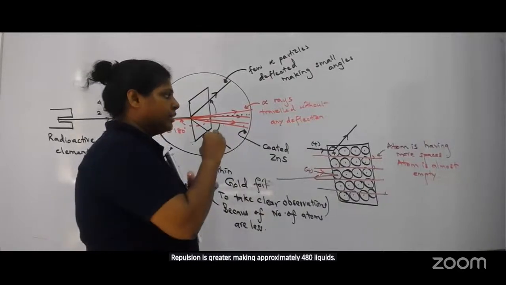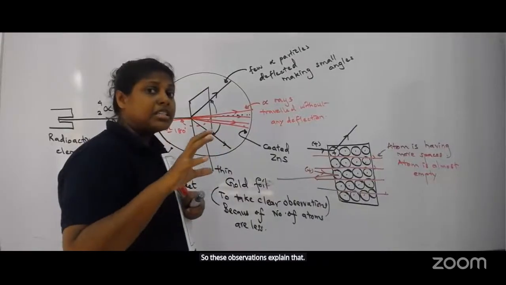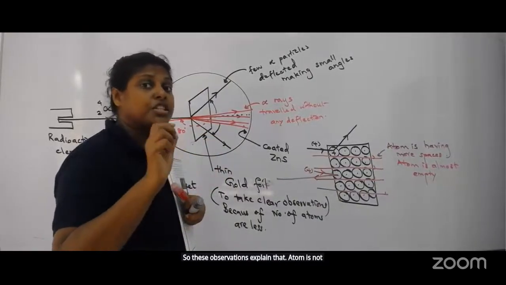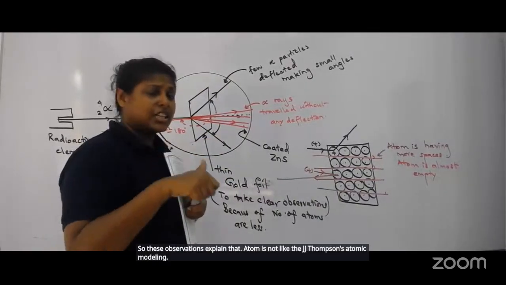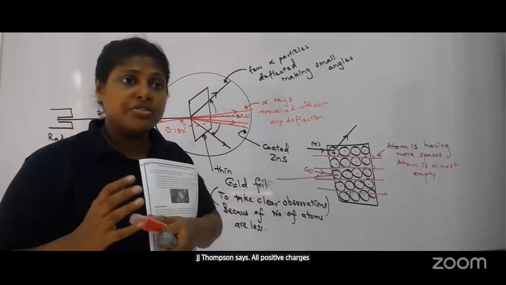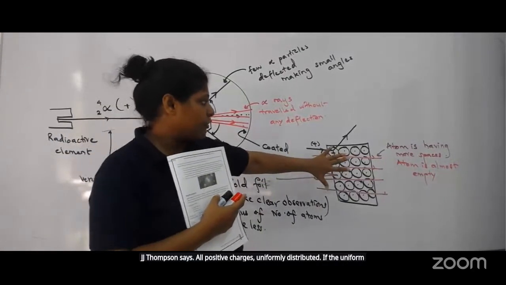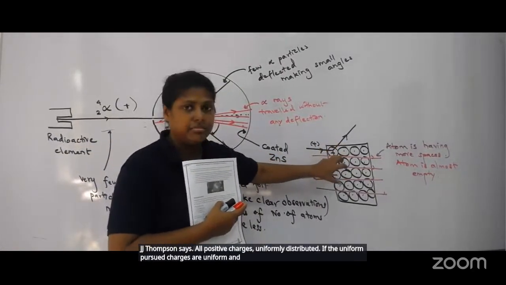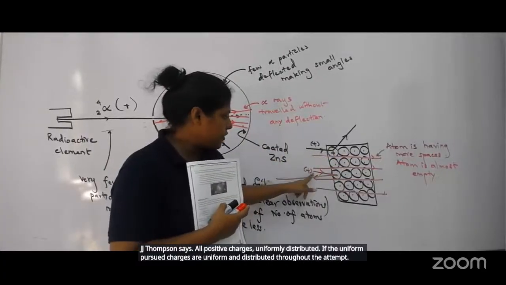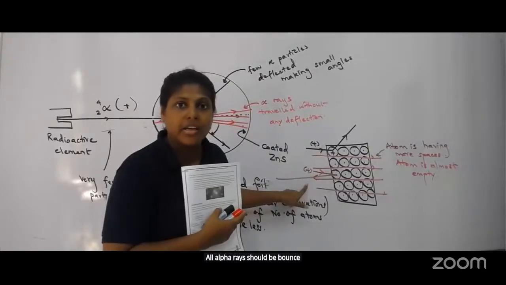So these observations explain that the atom is not like J.J. Thomson's atomic model. J.J. Thomson says all positive charges are uniformly distributed. If the positive charges were uniformly distributed throughout the atom, all alpha rays should bounce back, making 180 degrees.